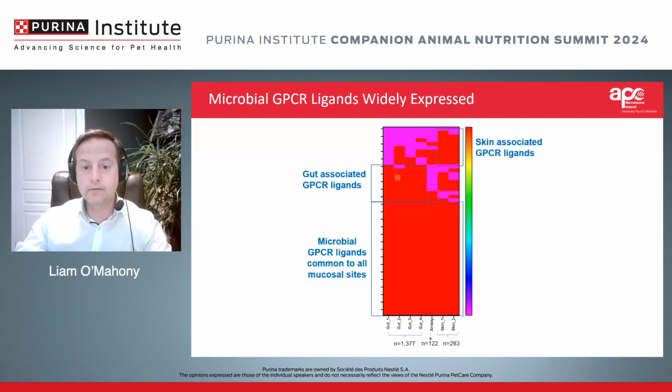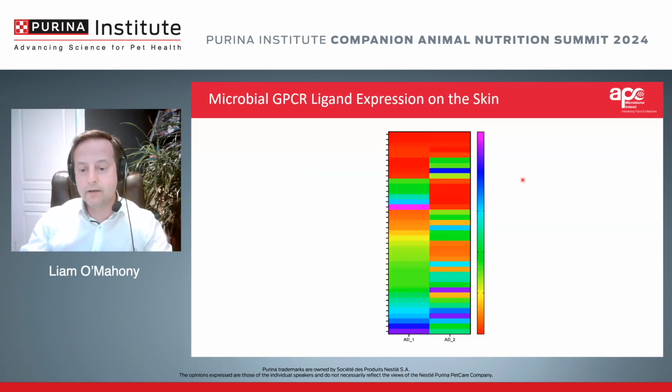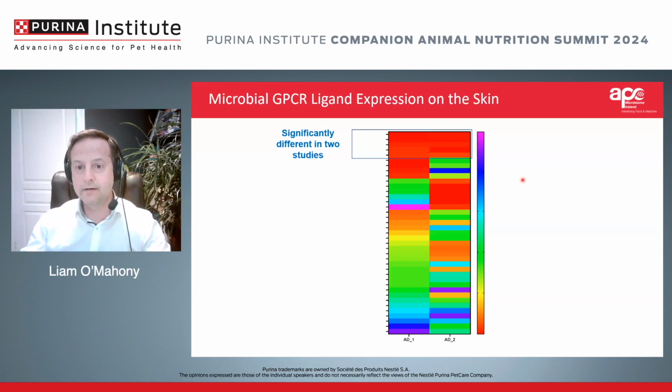Some are gut restricted and some are skin restricted. And we did look at the skin restricted ones in just a little bit more detail. In 2 different studies that looked at healthy skin versus atopic dermatitis skin, there were a number of GPCR ligands, or the genes encoding for bacterial GPCR ligands, that were significantly different between these 2 independent studies.